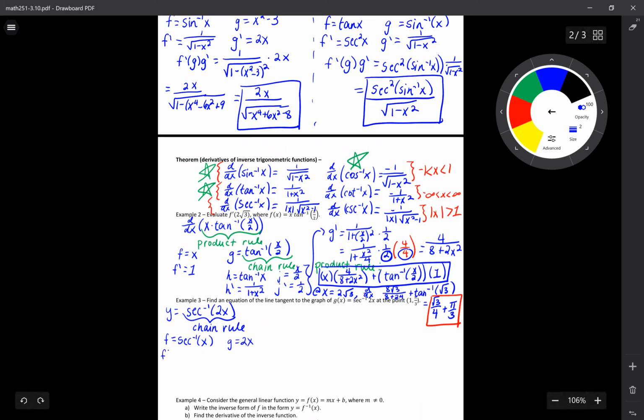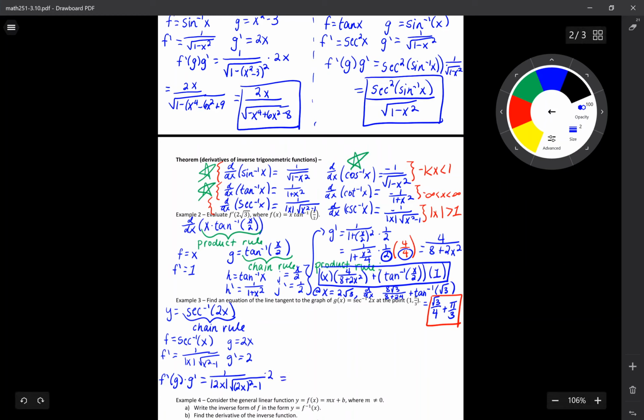That means f prime is the derivative of secant inverse x, which is 1 over absolute value of x times the square root of x squared minus 1. And I get g prime equals 2. So then f prime of g times g prime, using the chain rule here, is 1 over absolute value 2x times the square root of (2x) squared minus 1, that's f prime of g, times g prime.